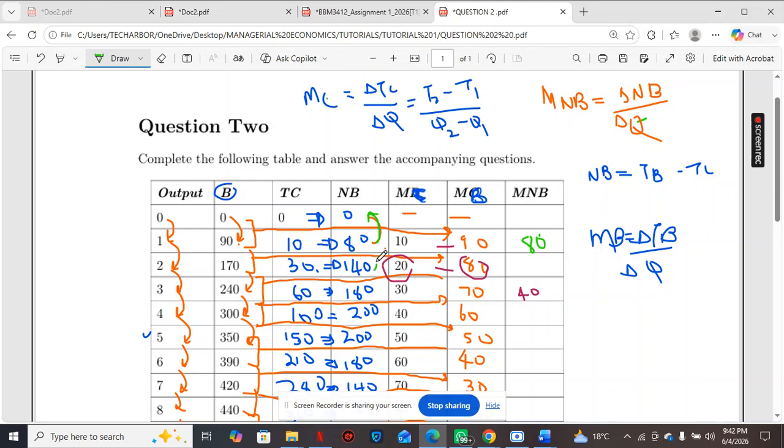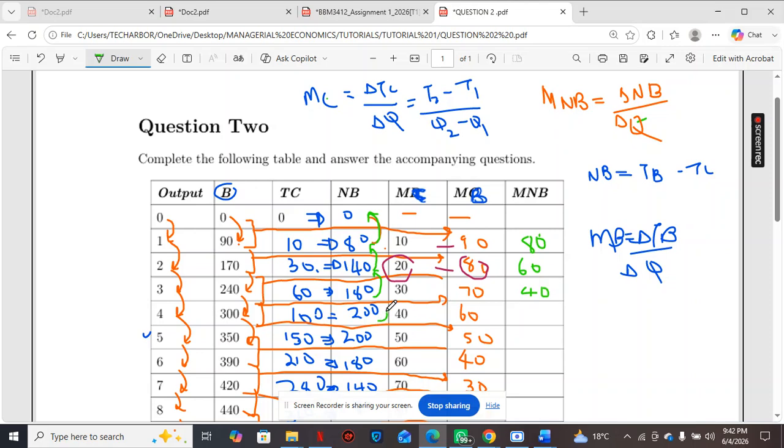Then we're going to say 140 minus 80, we're going to get 60. All right. Then here we're going to say 180 minus 140, we still get 40. So it seems both methods giving us the same answers. Okay. But we'll continue with this method here. We get 40 here.